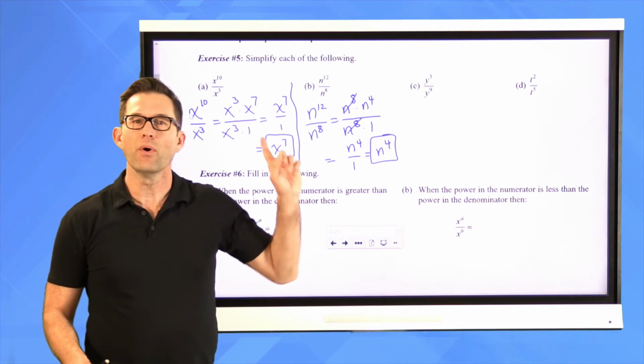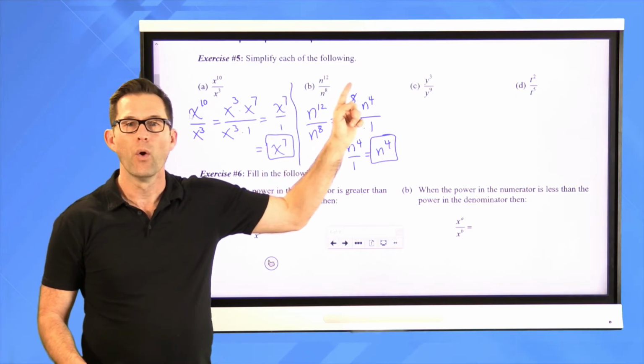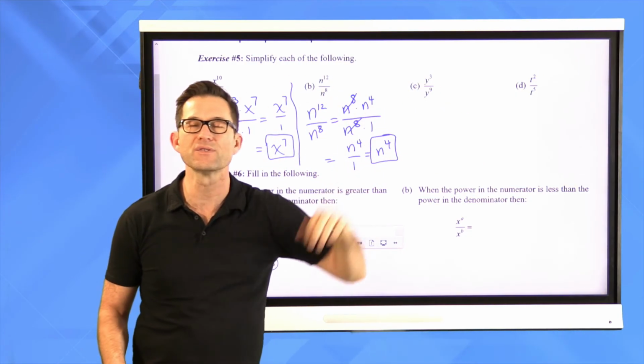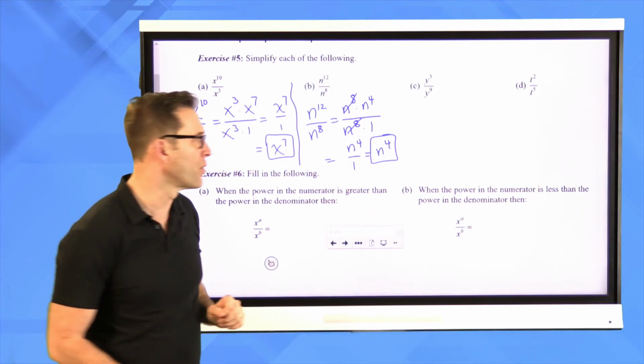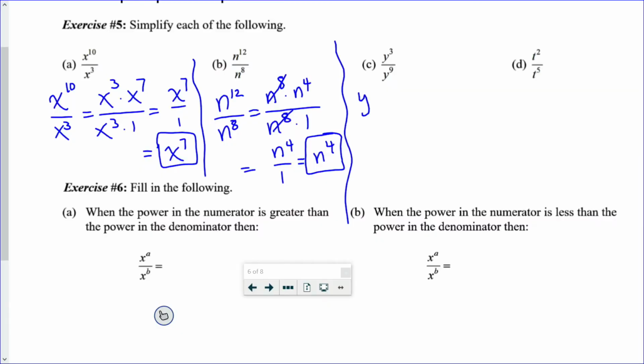Now, in both of those cases, the power of the numerator was larger than the power of the denominator. Let's look at two cases where it's the opposite. The power in the denominator is higher than the power in the numerator. So in letter C, we've got y to the third divided by y to the 9th. So that could be thought of as y to the third times 1 over y to the third times y to the sixth.